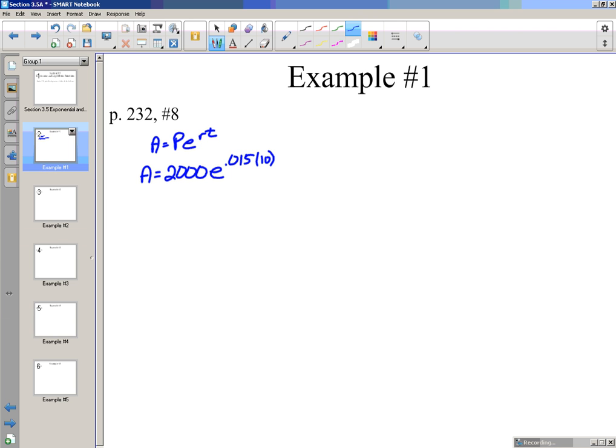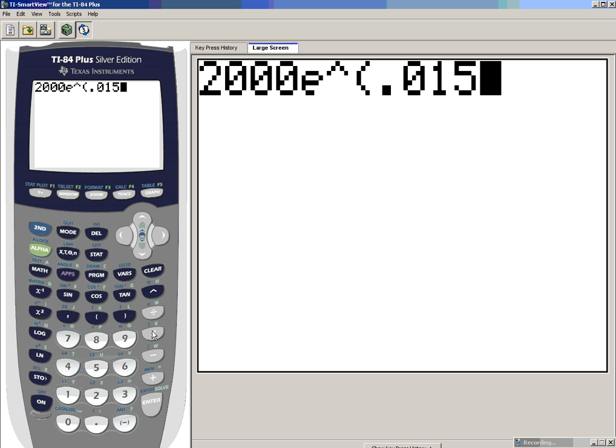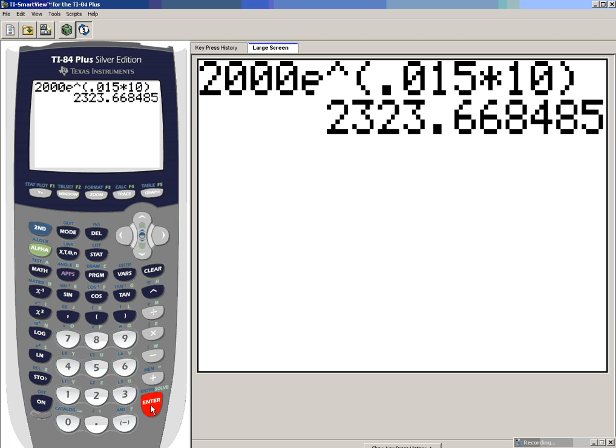So from here, go to the calculator, plug that in. We get 2,000 times e to the 0.015 times 10 power. Hit enter.